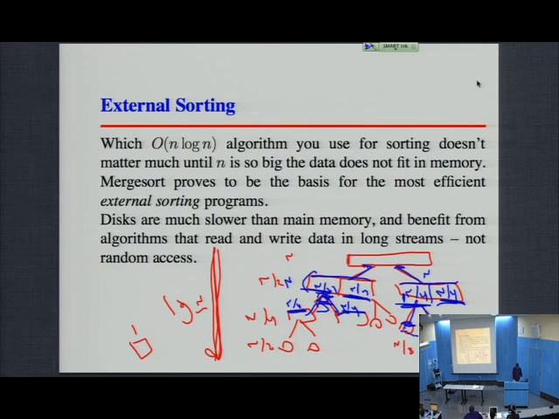The next level we're going to have 8 runs, each of which took n over 8 time to make. If you work through that, that is a total of n steps per level. N steps per level times log n levels is n log n. Okay? Any questions about that?